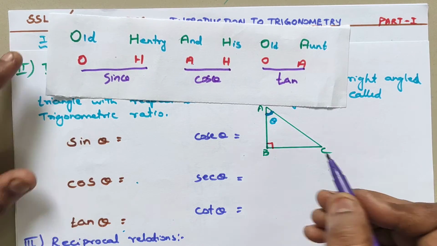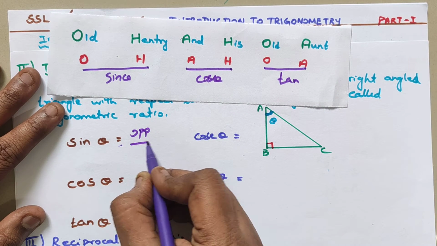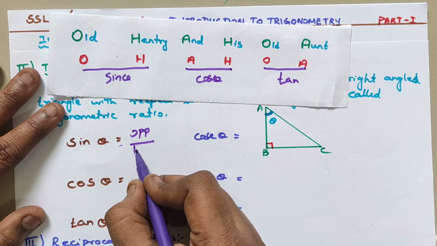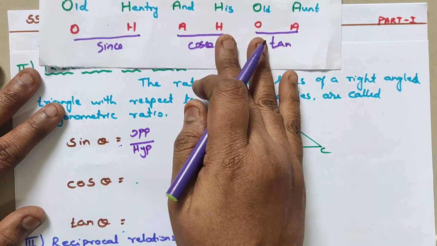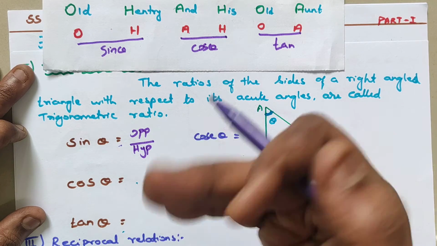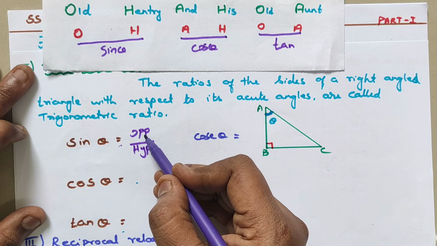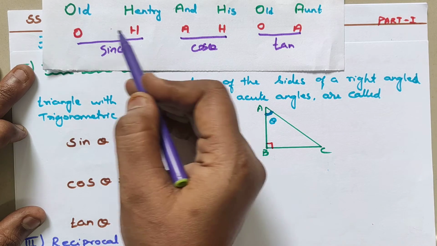According to this, sin theta can be written as opposite divided by hypotenuse. As I said in the definition, these are ratios. Ratios means a numerator divided by a denominator. So the numerator is opposite, divided by hypotenuse.